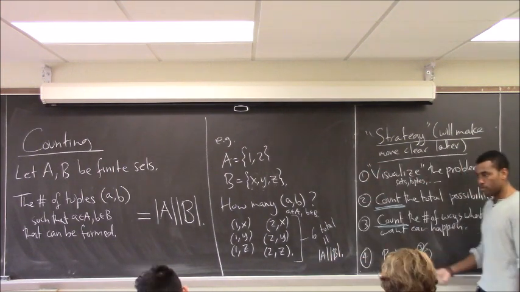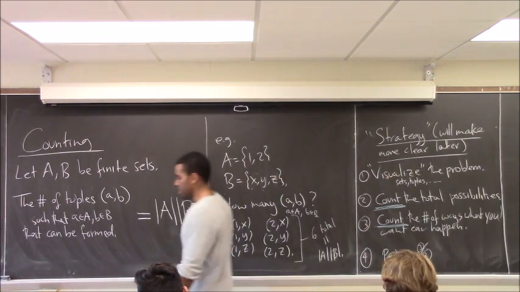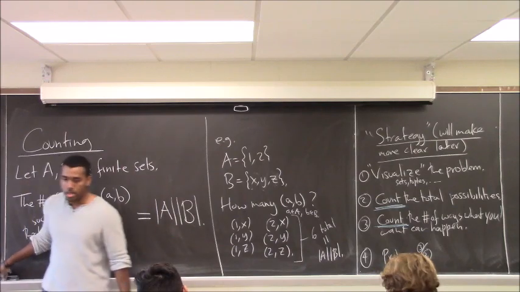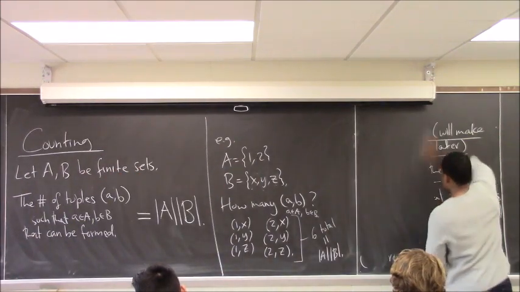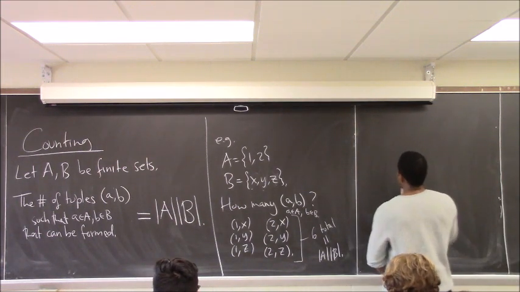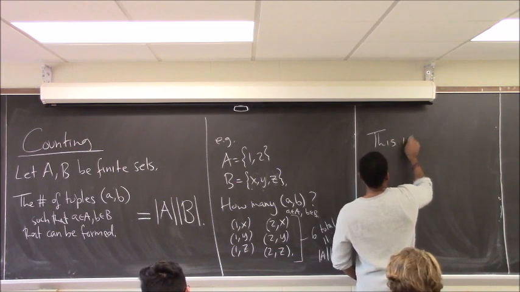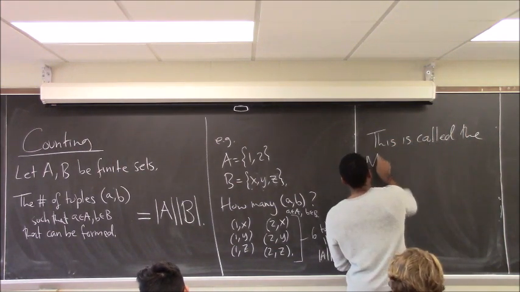It's not a coincidence. So if I have 2 sets of a certain size, how many ways can I pair off the elements? Multiply the sizes. It's a very basic counting rule. This is called the multiplication rule.